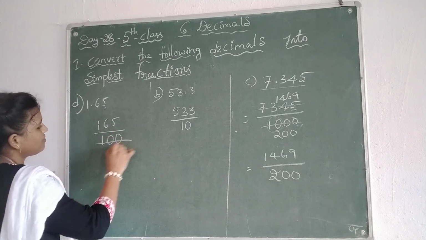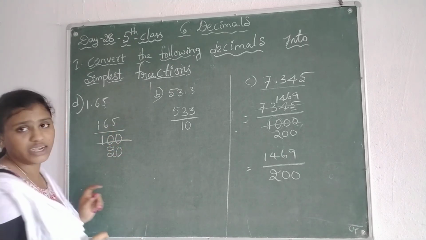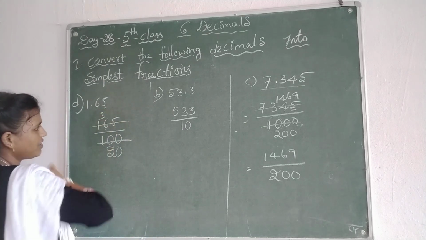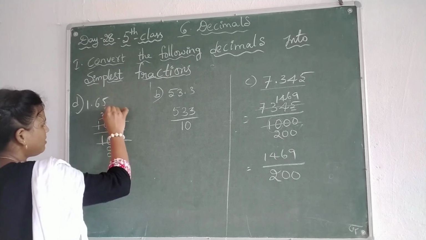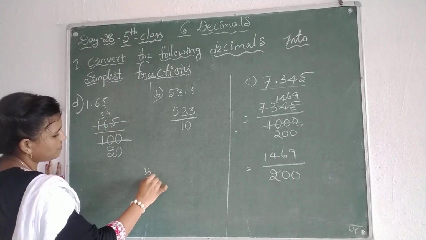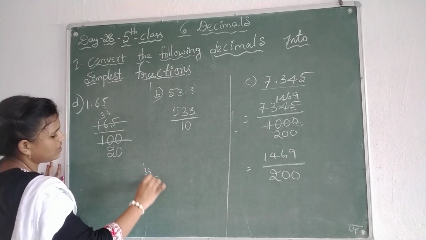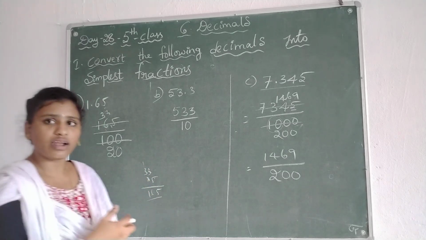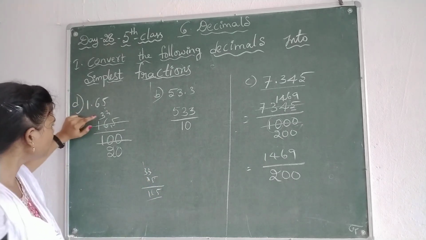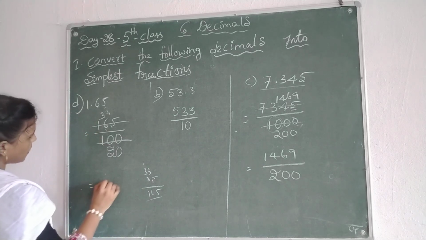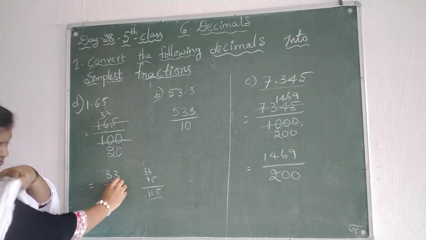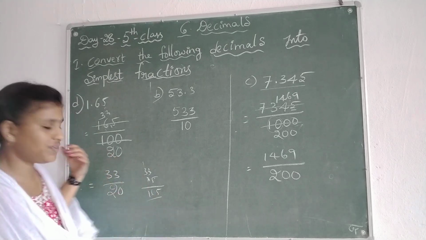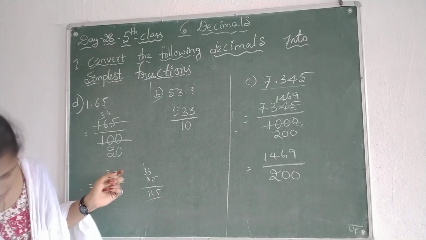So 100 is cancelled in the 5 table 20 times. 165 is cancelled 3 times, 33 5s are 165. Understood? So the answer is 33 by 20.